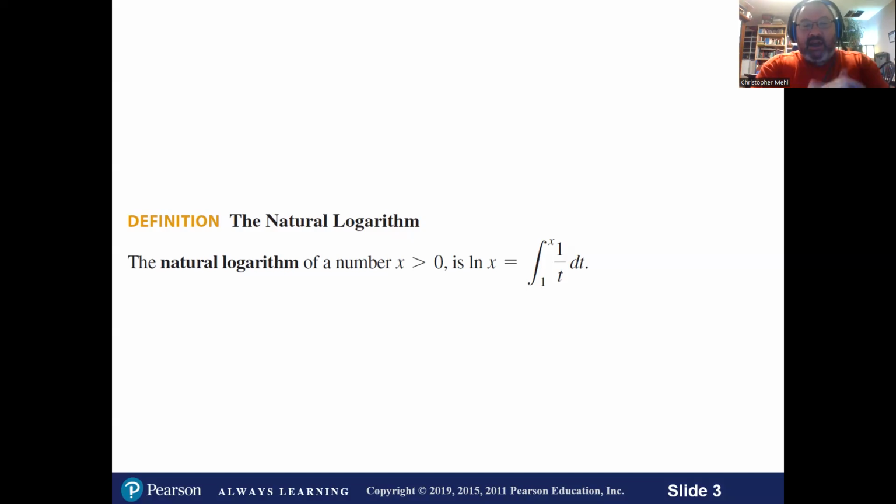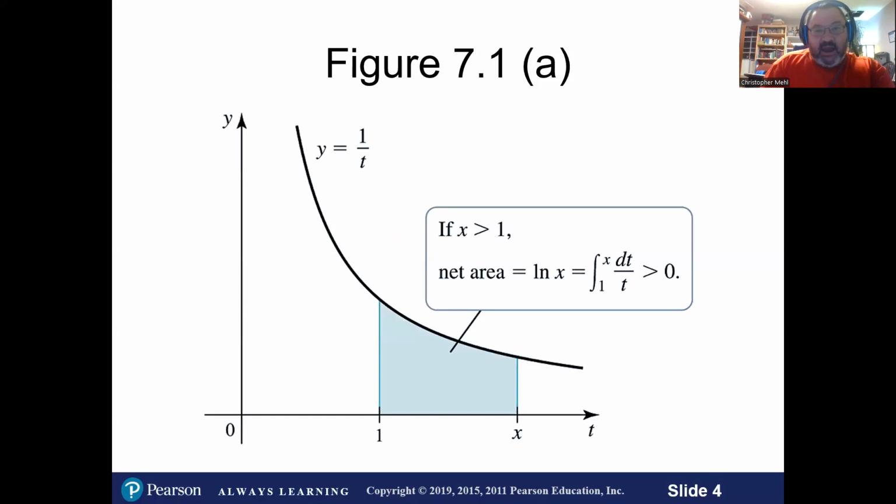And that would be that the natural log of x is the integral from 1 to x of 1 over t dt. Okay, that's one way to define it. And that would mean that if y equals 1 over t, then if we integrate that function from 1 to x, the net area would be the natural log of x.